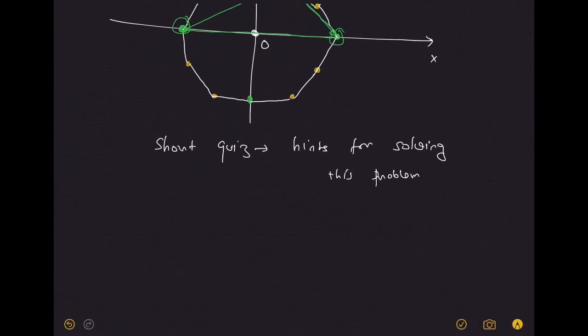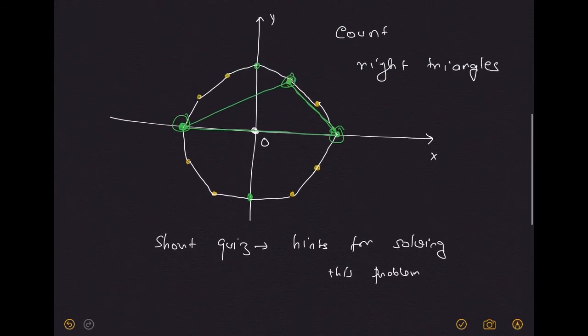Now let's see how we can actually solve this problem. Well, first realize that the vertices are actually on a circle, right? It's not hard to prove that each of the points lies on a circle.